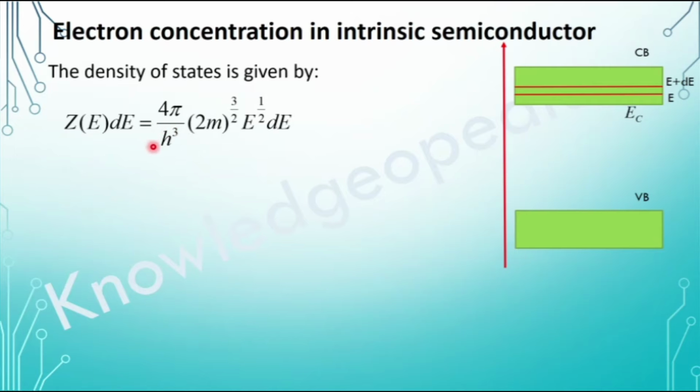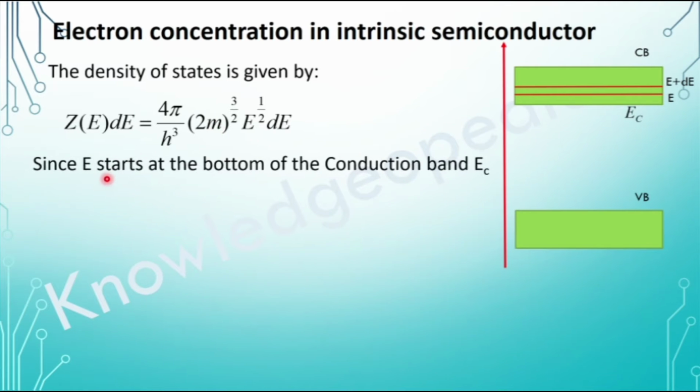Here h is the Planck's constant, m is the mass of the carrier. At this point, we will be doing some modifications because the energy we are interested in starts from the bottom of the conduction band, because we are calculating the electron concentration.